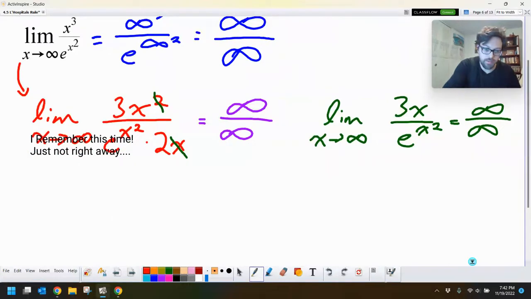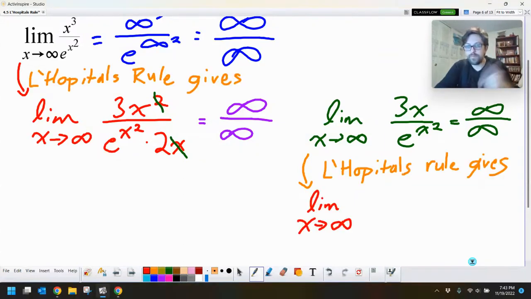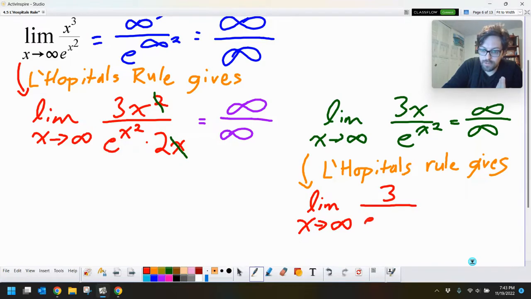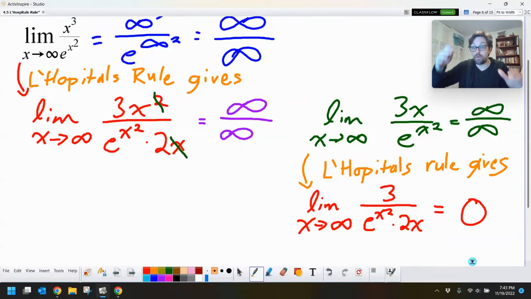The derivative of the top is now just going to be 3, over, and that's going to be a chain rule again, basically what we got before: e to the x squared multiplied by 2x. Now when we do direct substitution, we get 3 over something very, very large. So 3 over basically infinity. That thing is going to head towards 0 because we have such a large number in the denominator.